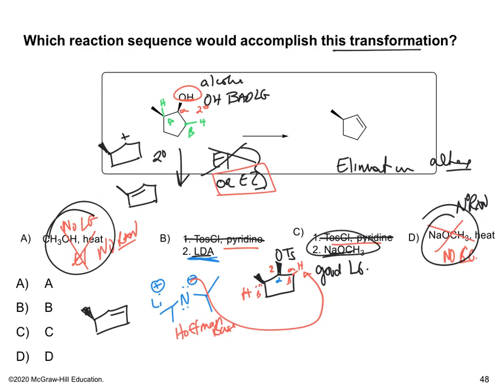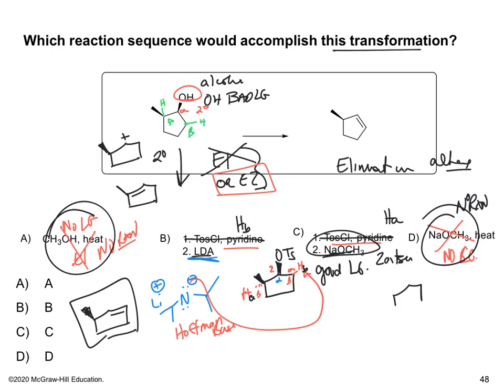Sodium ethoxide is a Zaitsev base, so let's call this beta A. It's going to take the beta A. This one's going to take the beta B to give you that product, which is what you want.